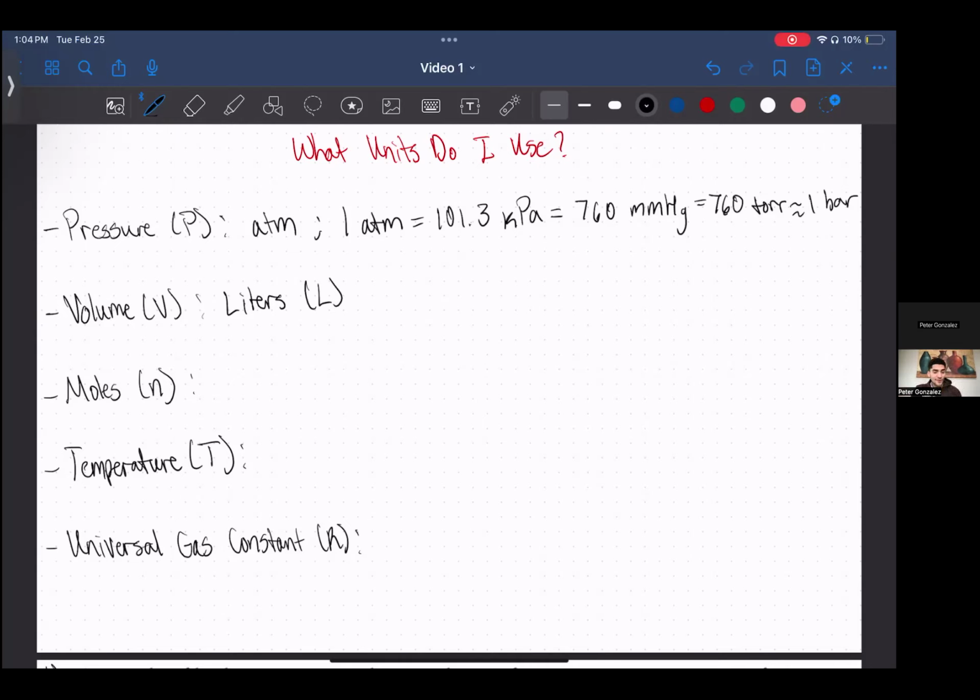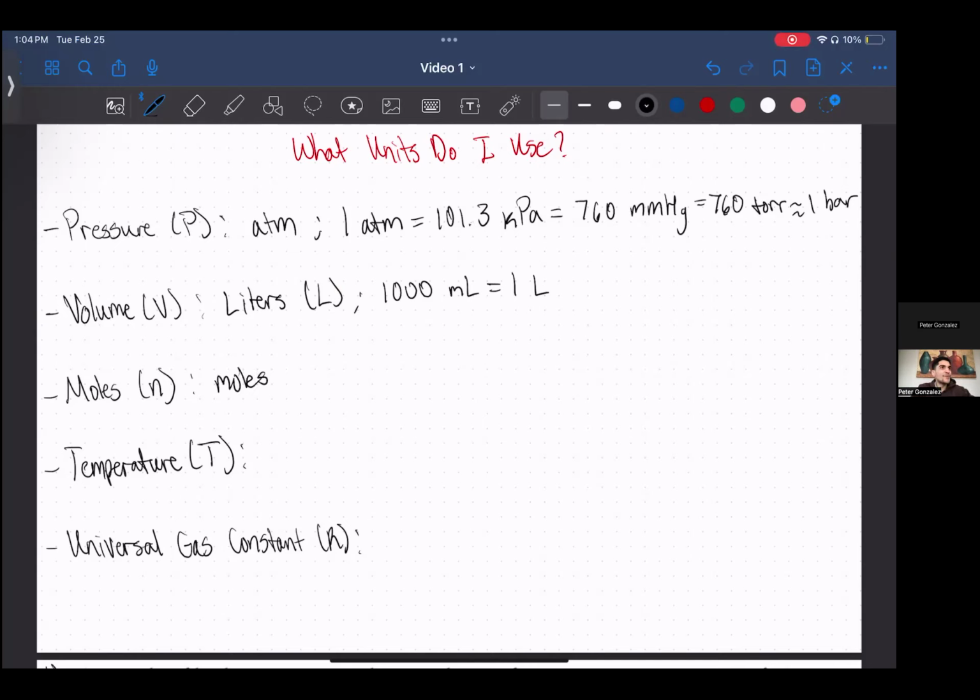Again, unless they give you the conversions, it's pretty unfair to ask you to go from centimeters cubed to liters. So it'll probably just be given to you in liters, or at the worst case scenario, milliliters, which, to refresh anyone, you have 1,000 milliliters per 1 liter. And next we have moles, which thankfully is an easy one. It's just moles.